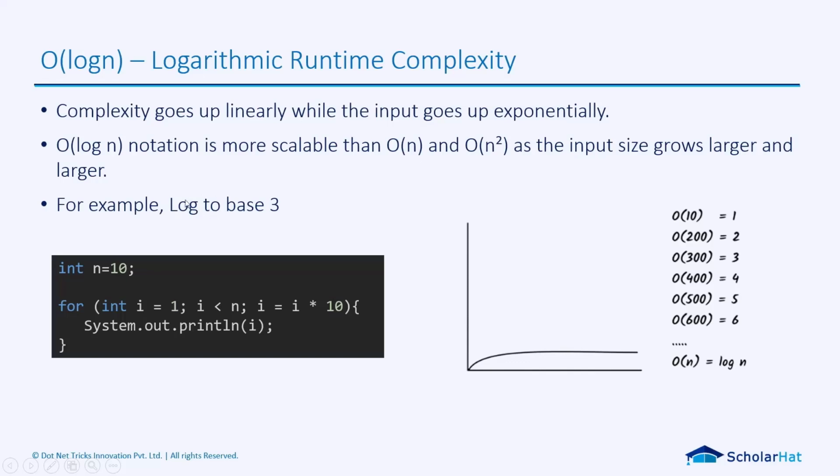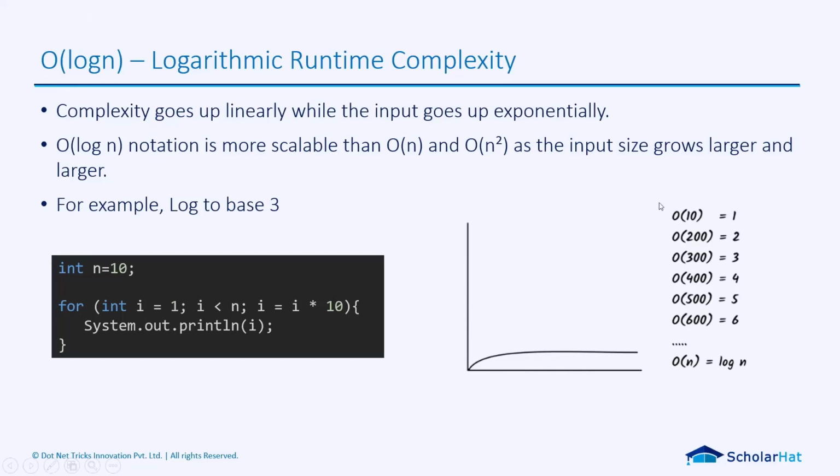For example, here it is taken int n equals 10. When I explain on the whiteboard, you'll find that with smaller values of n there may be other complexities, but when n becomes larger, the complexity becomes O of log n. I'll discuss that in the latter part of the video.